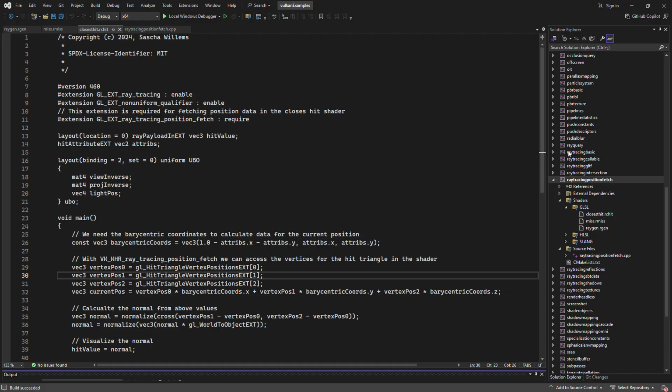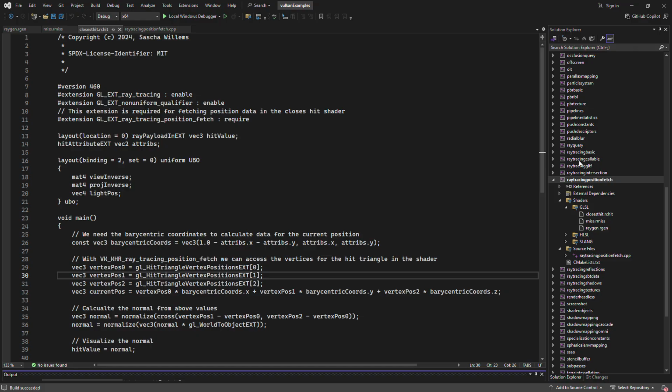So let's see. We have done ray tracing basic. We have done ray intersection. We've now done ray tracing position fetch. We've done ray tracing reflections. We've done ray tracing shadows. So let's see the ones that we still need to do. We still need to do ray tracing textures, ray tracing shader binding table data, ray tracing GLTF.